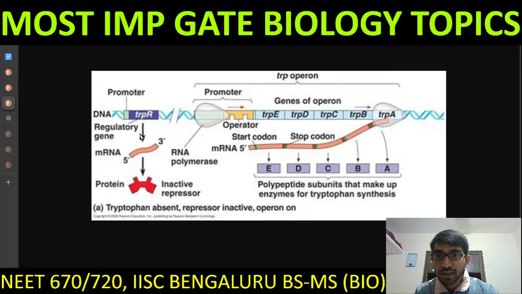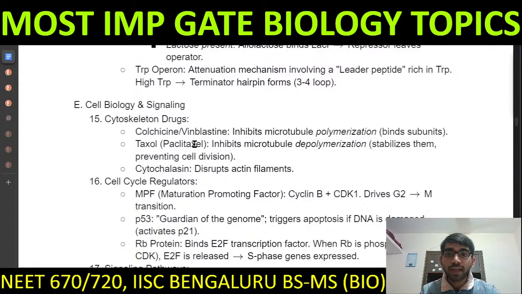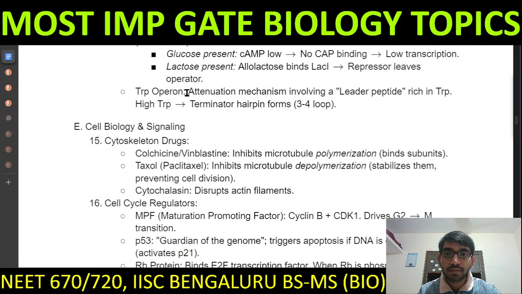And this is the trpR region, and the promoter is upstream here, and the promoter for the structural genes is somewhere here. So this is how you should remember that when tryptophan is absent, the repressor is inactive, and the operon is on. If there is more tryptophan, then the repressor will become active, and then the operon will be shut down. So the mechanism here is the attenuation mechanism. Remember this.